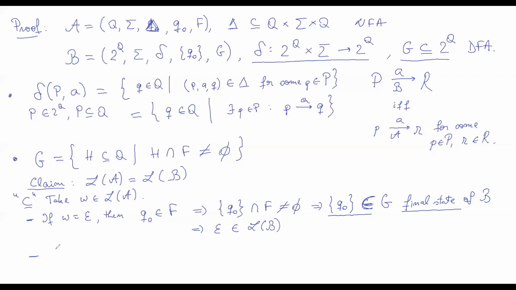Now, if W is of the form a1, a2, something like that, an, with n greater than or equal to 1, and all these being letters, then I'm going to, just on the next whiteboard, consider all the computations in automaton A with this input word.